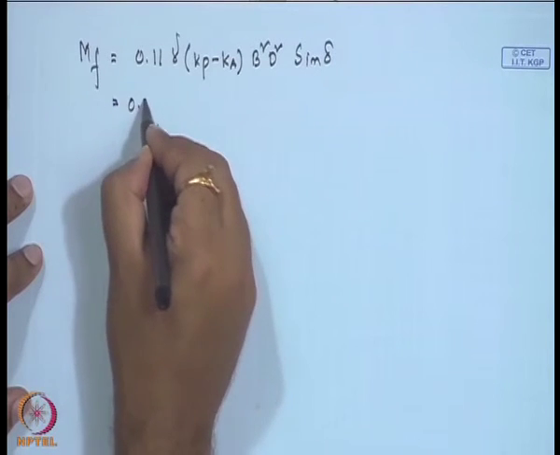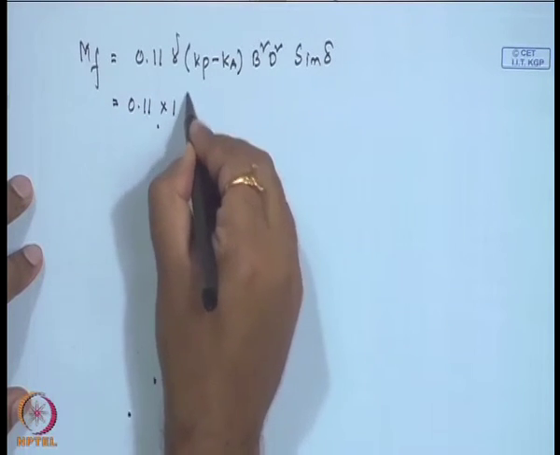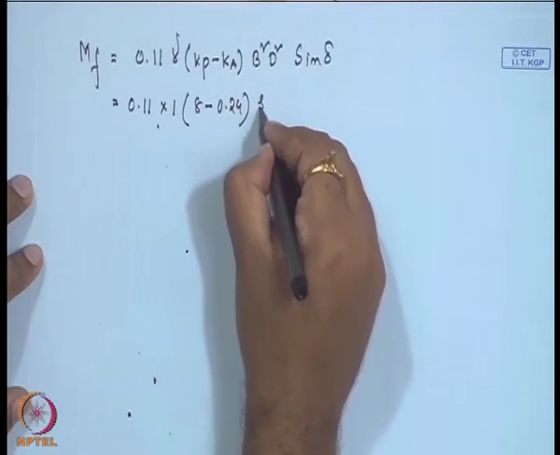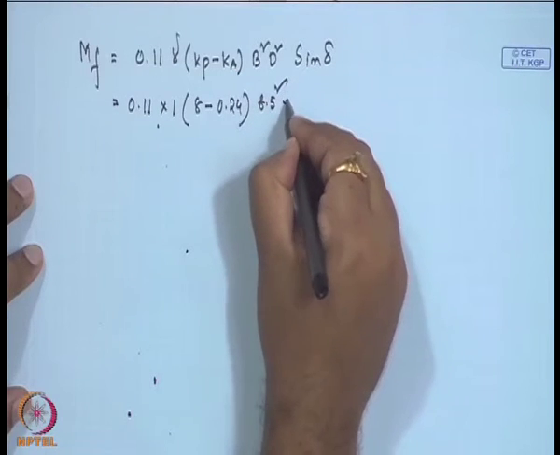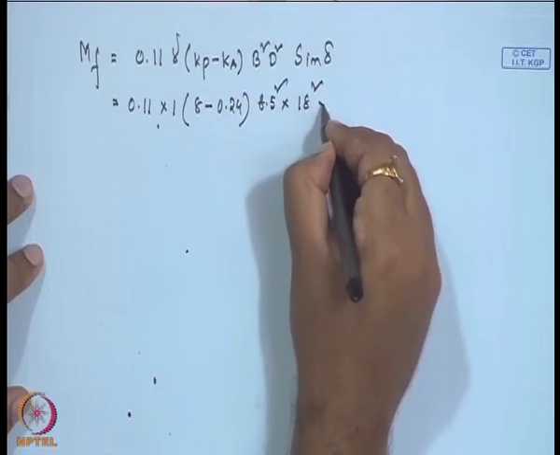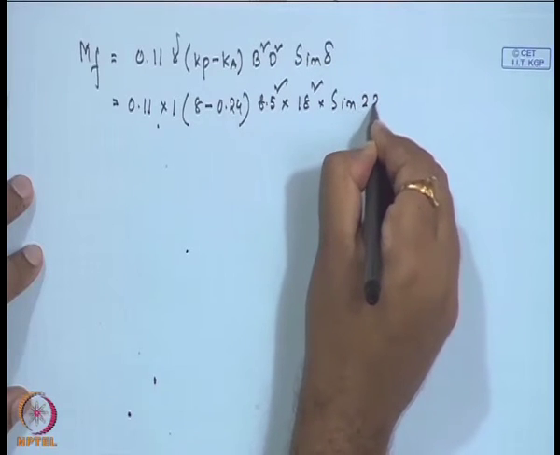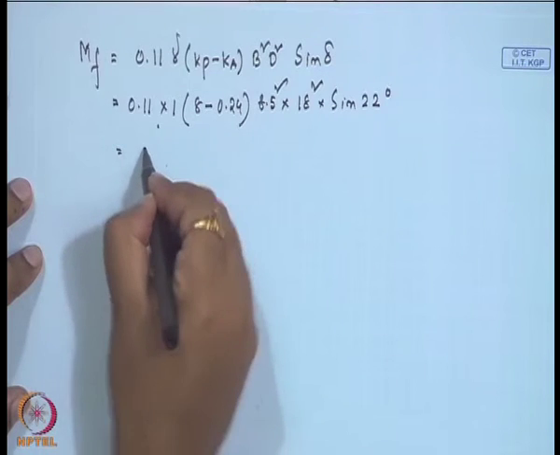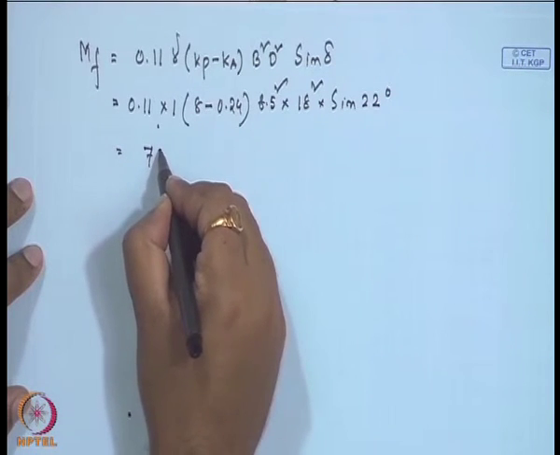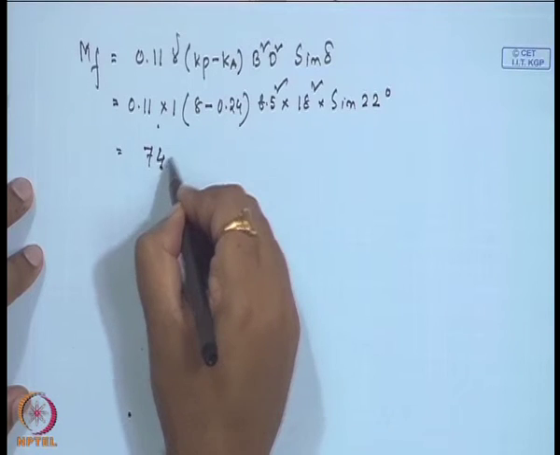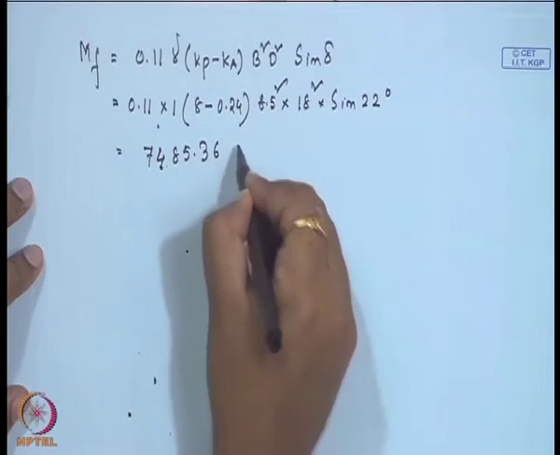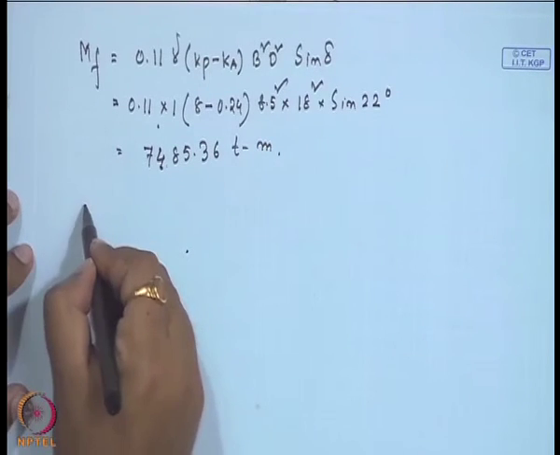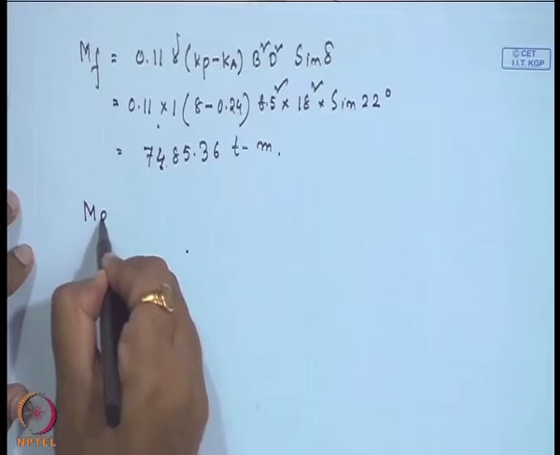So, we will have 0.11 into 1, K p is 8, K a is 0.24, B square is 8.5 square into d square is 18 square into sin 22 degree. So, we will get a total resistive moment due to friction of 7485.36 ton meter.